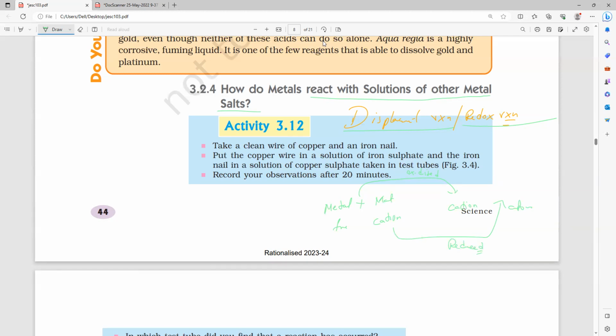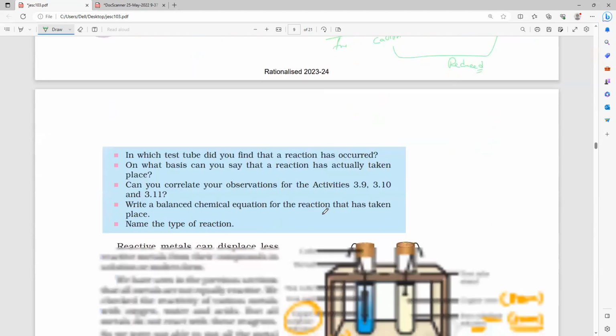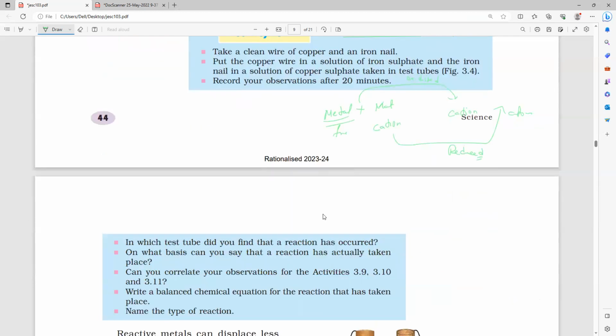Clear? So the metal ion cation present in the salt gains electrons and turns back into an atom, and the free metal loses electrons and turns into a cation. That is what takes place. That's all. Okay, everybody clear? So please learn that. If you want, I will write that equation also perfectly.